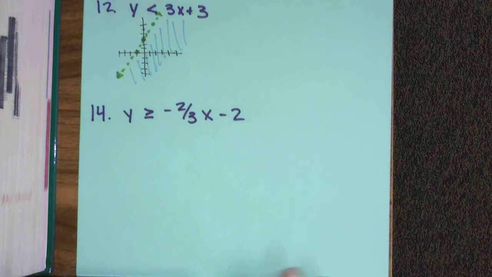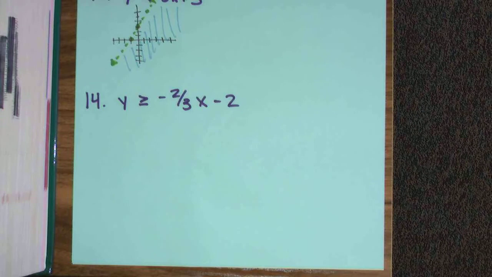Okay, y is greater than or equal to negative 2/3 x minus 2. Are we solid or dotted? Solid. And my graph.